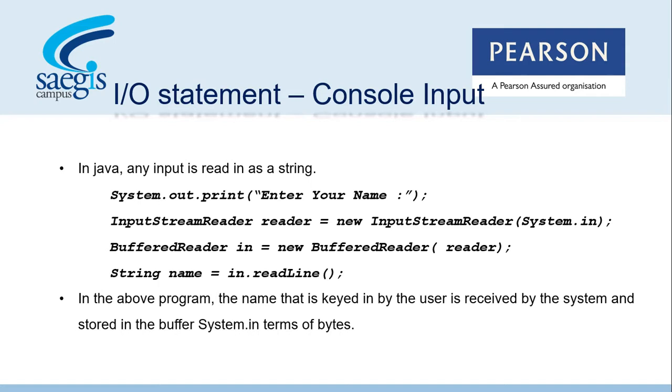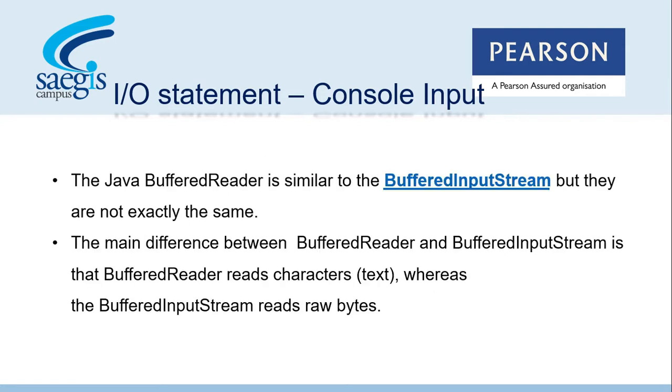Then in Java, BufferedReader and BufferedInputStream are similar, but they are not exactly the same. The main difference is that BufferedReader reads characters, which means it can read text, while BufferedInputStream can only read raw bytes, one character at a time.